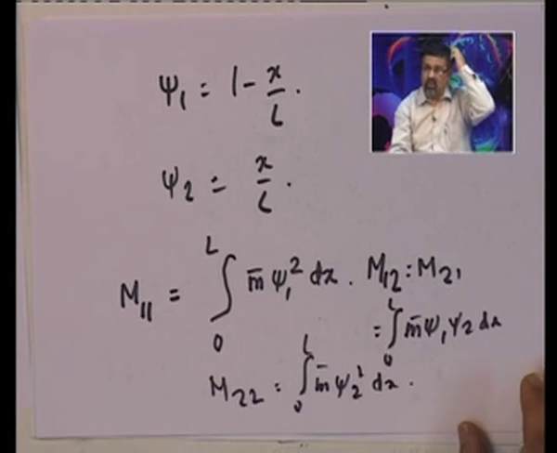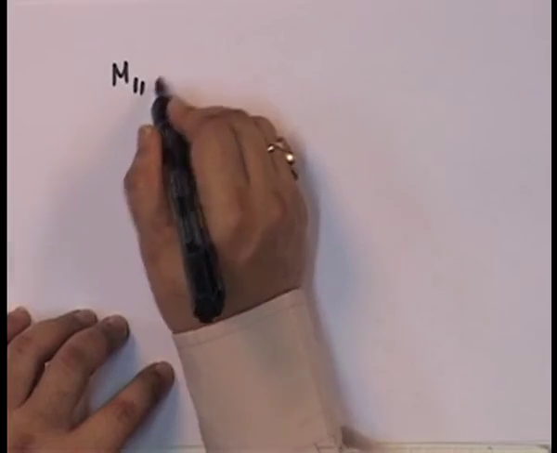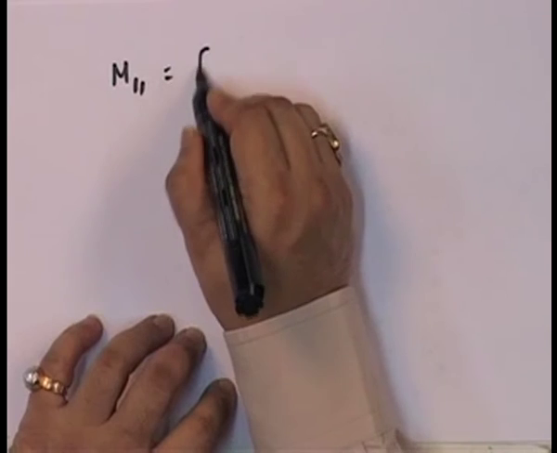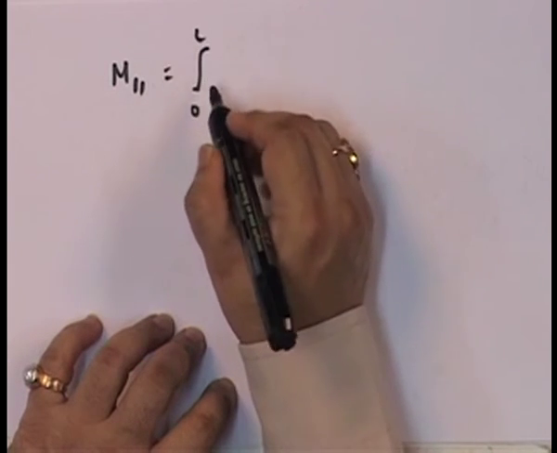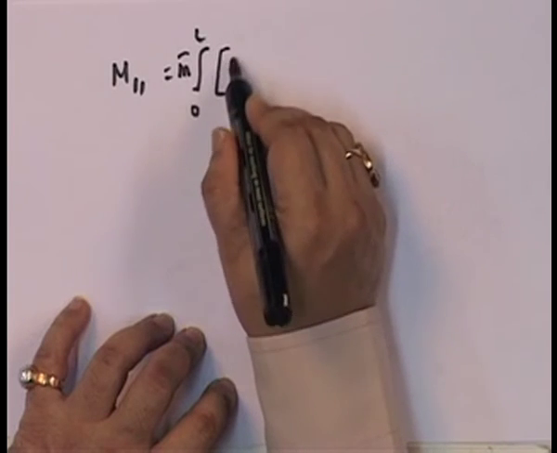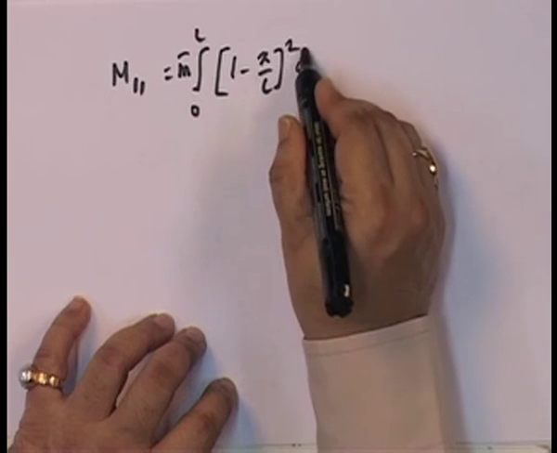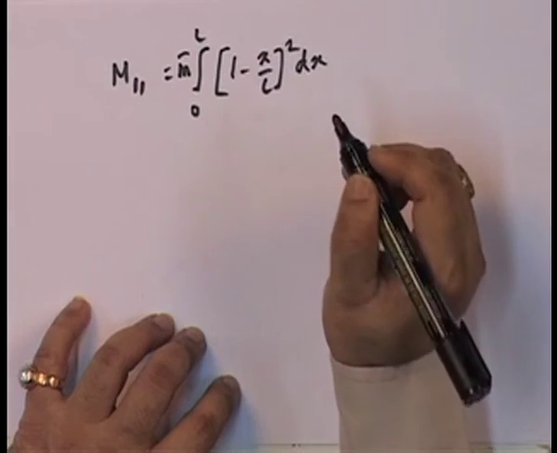So, given these facts, let us find M11. M11 is equal to the integral from 0 to L; I can put m bar outside, and inside I get 1 minus x upon L the whole squared.